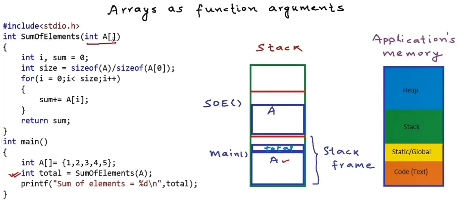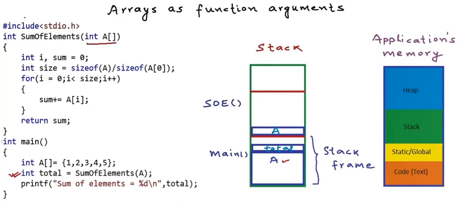When the compiler sees an array as a function argument, it does not copy the whole array. What it actually does is just create a pointer variable by the same name. Instead of creating the whole array, it just creates a pointer to the data type of the array.